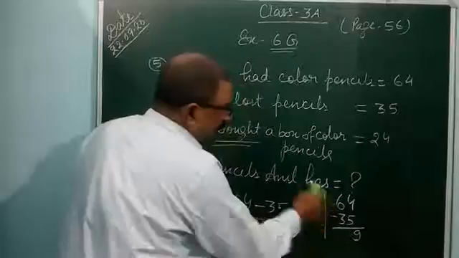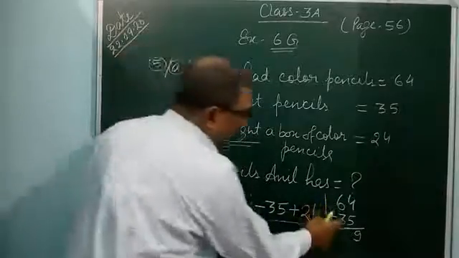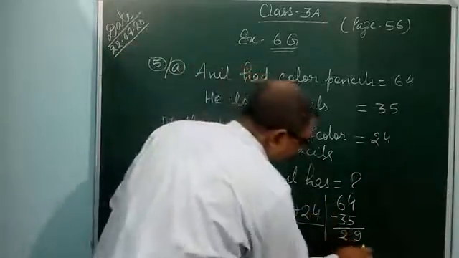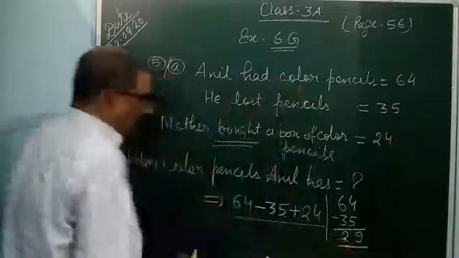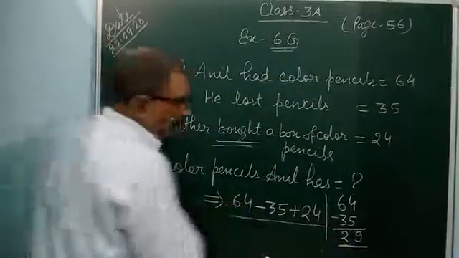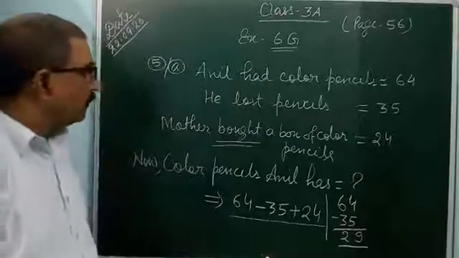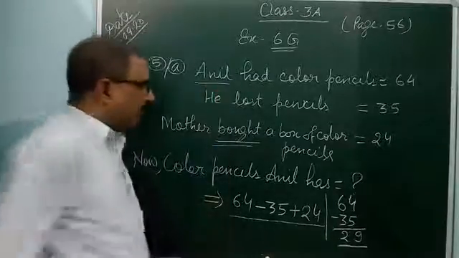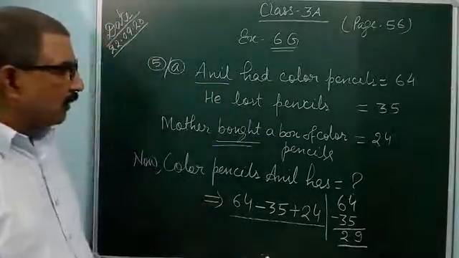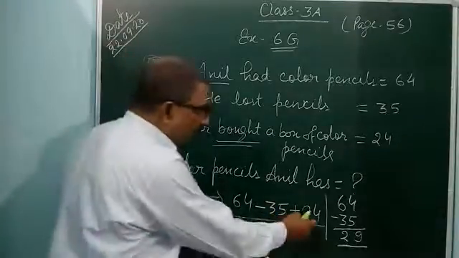Here remaining 5. 5 minus 3 is 2. So out of 64, now 29 pencils are available with Anil, but his mother also bought 24 more pencils.